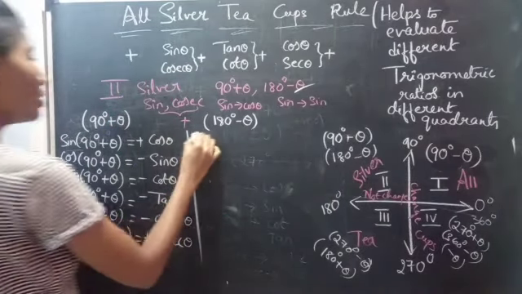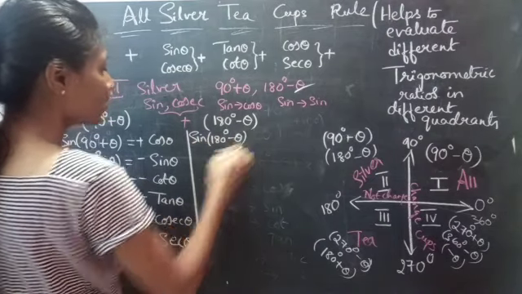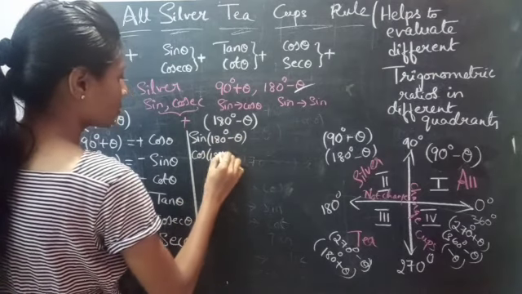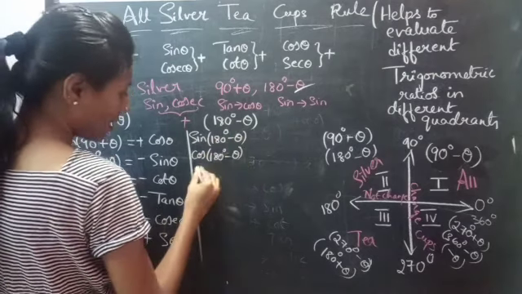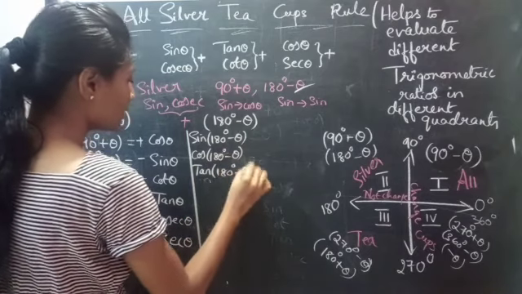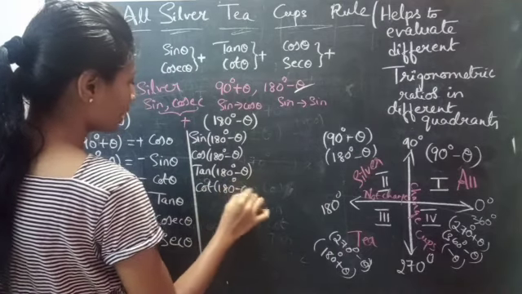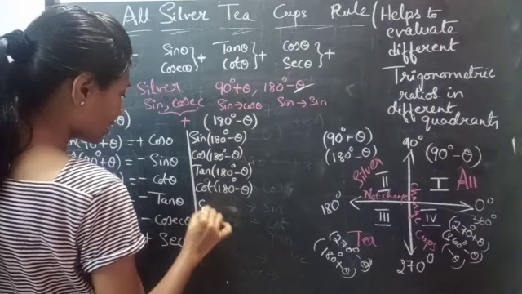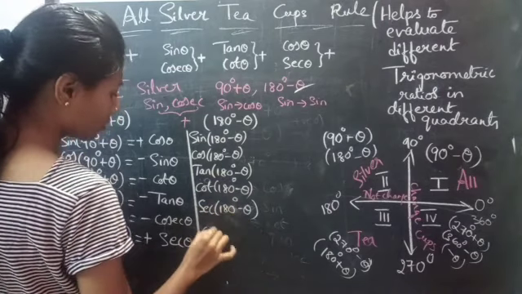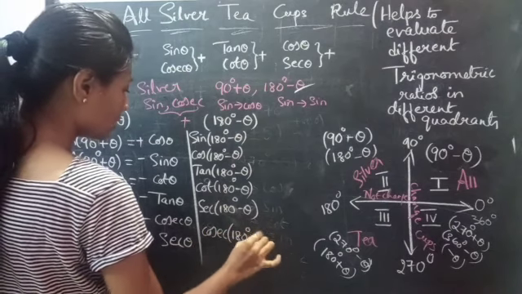Sine 180 degrees minus theta, cos 180 degrees minus theta, tan 180 degrees minus theta, cot 180 degrees minus theta, secant 180 degrees minus theta, cosecant 180 degrees minus theta.